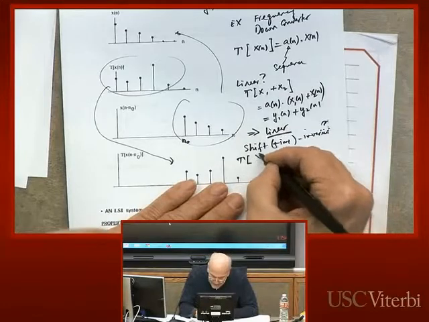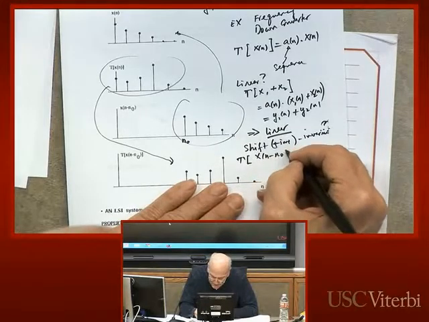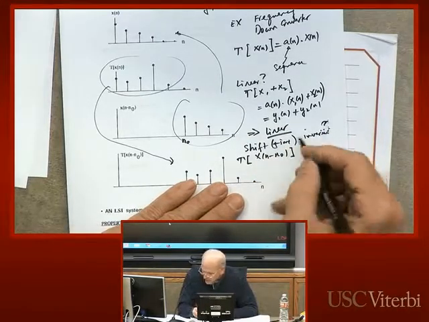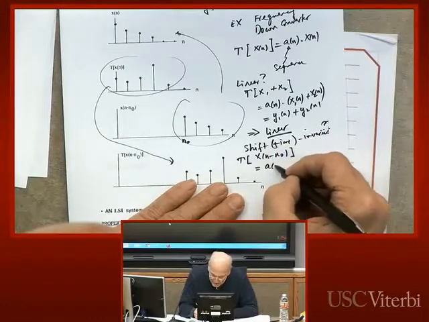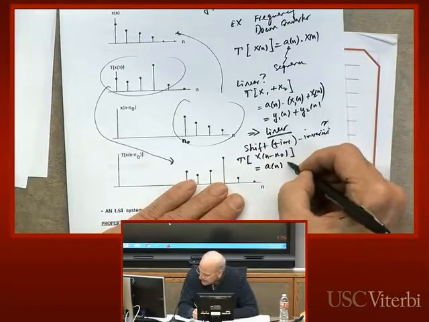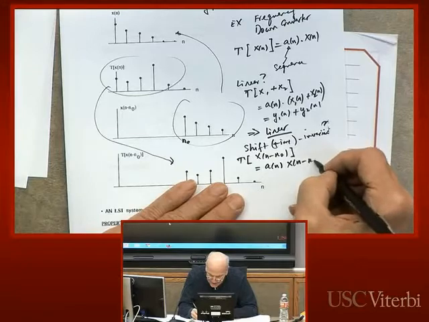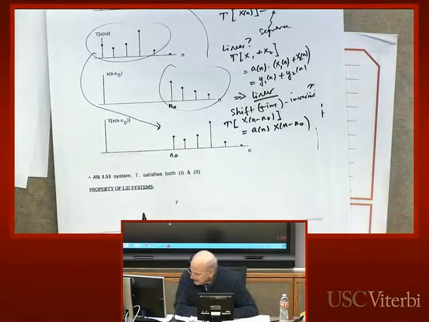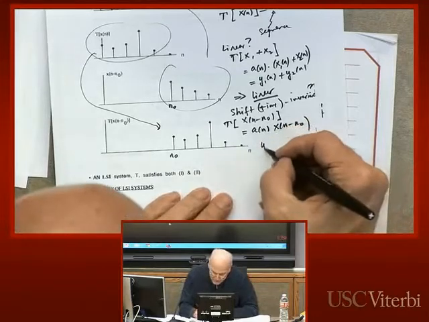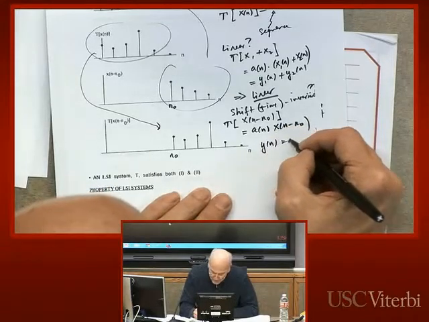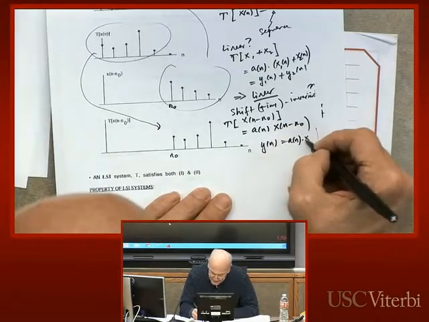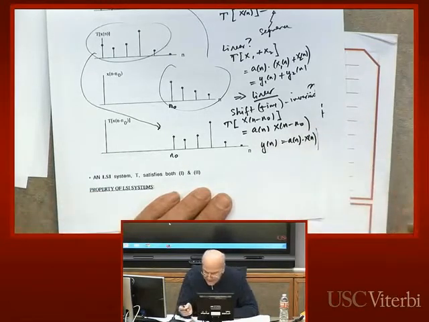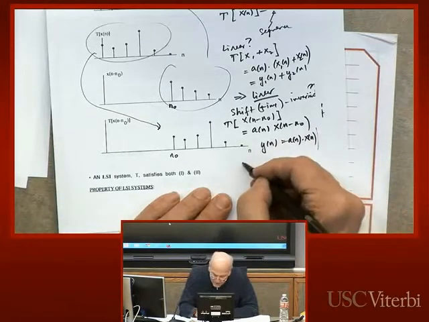T of x of n minus n naught, what's that going to be? By definition, that's a of n times x of n minus n naught. Now let's look at y of n equal a of n times x of n, and look at y of n minus n naught.